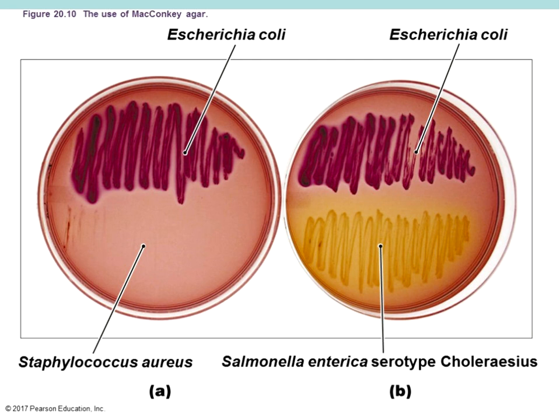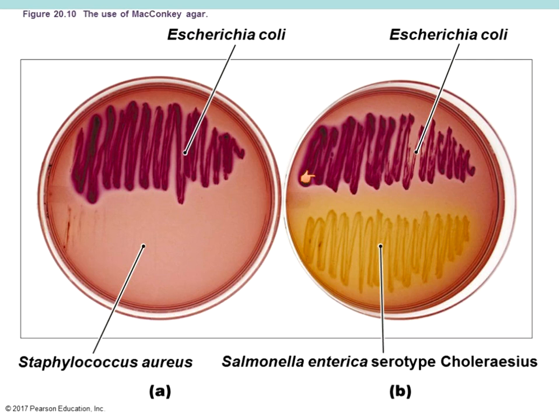So here we have MacConkey's agar, the selective agar that we talked about. Notice that Staph aureus is a gram-positive and E. coli is a gram-negative, so we don't really see a lot of the gram-positive growing there. That's just a picture to show you how MacConkey's agar can be used to select for gram-negatives. Not only is it selective, it's also differential, because both E. coli and Salmonella are gram-negative, so they both grow, but you have a different coloration for the Salmonella than for the E. coli.